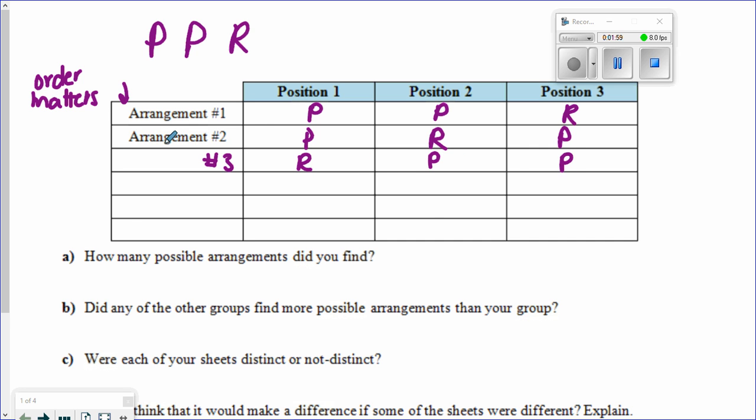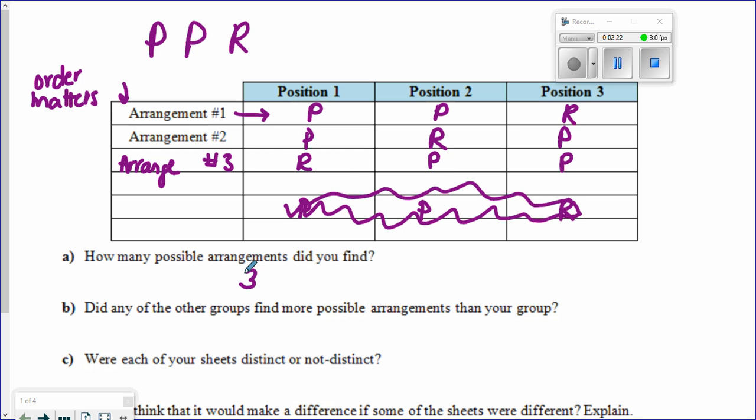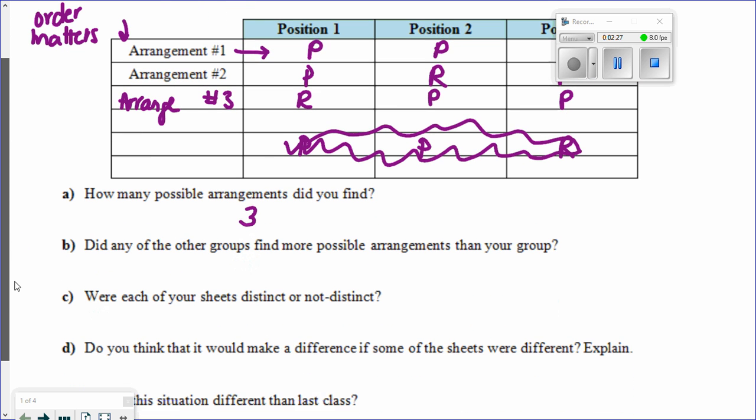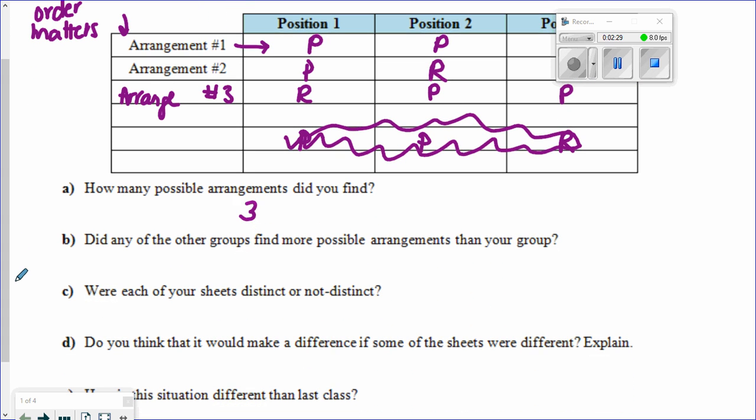So in this case, we actually only have three possible arrangements, because if I put a different purple sheet first and a different purple sheet second, that's not different than our first arrangement. Purple, purple, red is the same as purple, purple, red, so we can't count that. There are only three possible arrangements because we have those non-distinct objects.